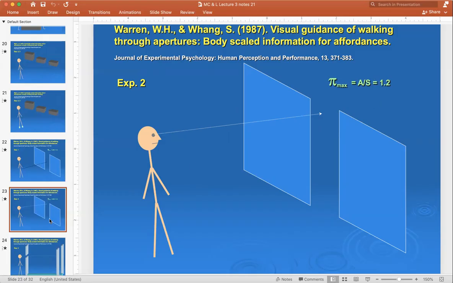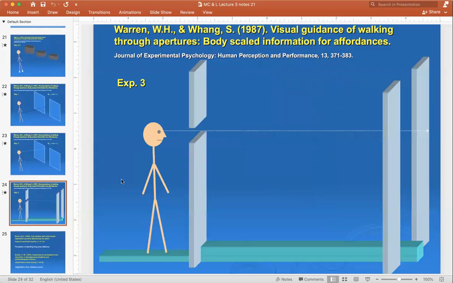Finally, in experiment 3, he had people look into a room through a window. That did not change their perception of the width of the door they would have to turn through, except when he raised the floor in the room. What that did was give them a visual illusion that these gaps were actually wider than they were, and therefore it changed their perception of the world.